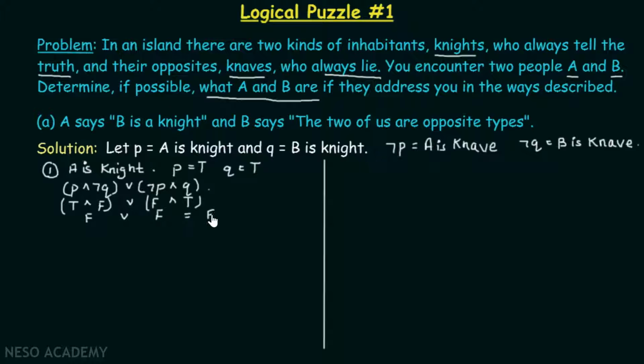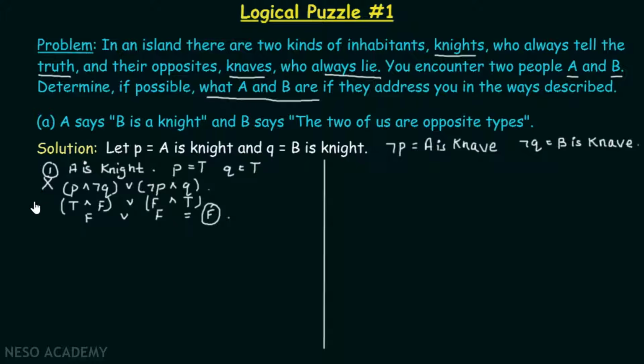False or false is false. This is our final answer. Now this statement has to be true, right? Because as B is a knight, whatever it says is true. The two of us are opposite types has to be true. But as we can see, the conclusion that comes out of this statement is that it is false and not true. Therefore, we can say that this condition is false.